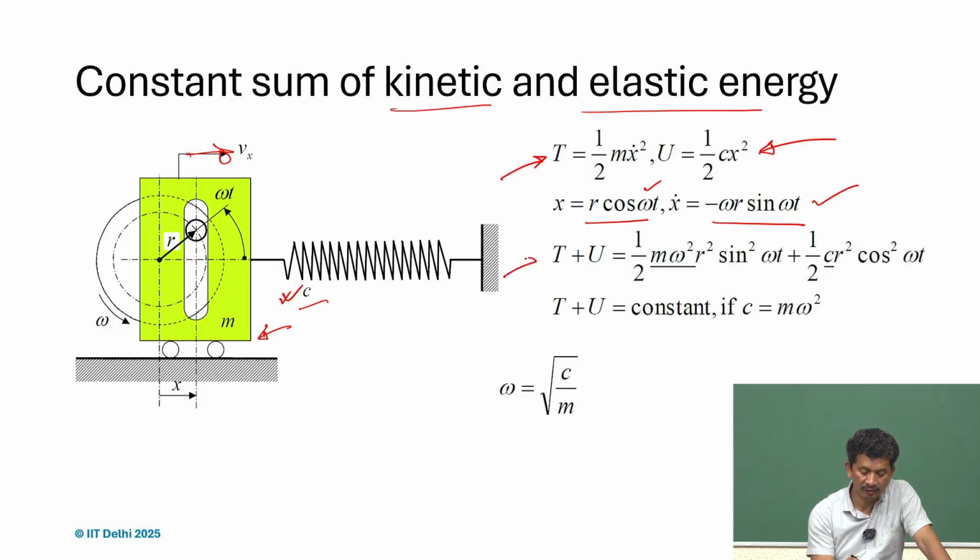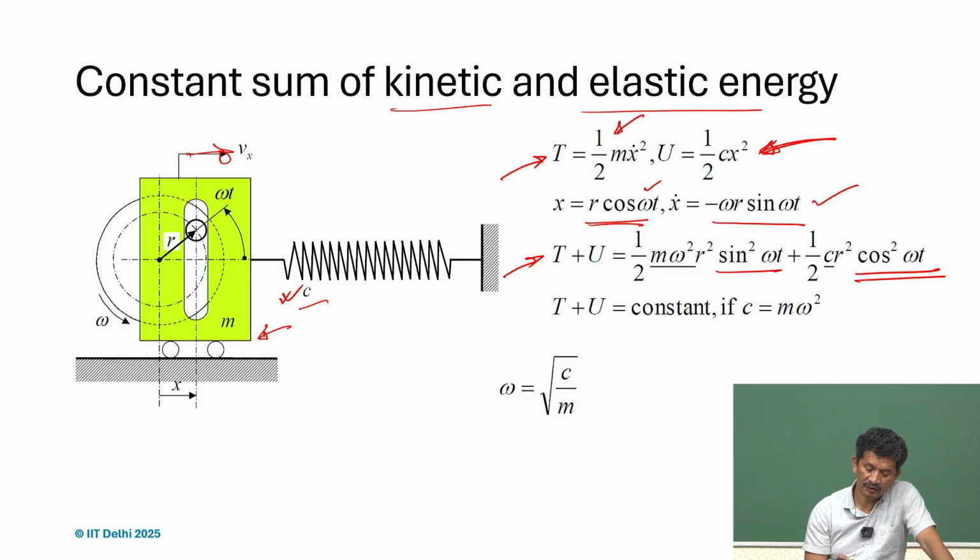If we take the sum to find the total energy, we have half m omega square r square for the kinetic part, with sin square omega t here, and similarly for the potential energy it's half c r square and cos square omega t.